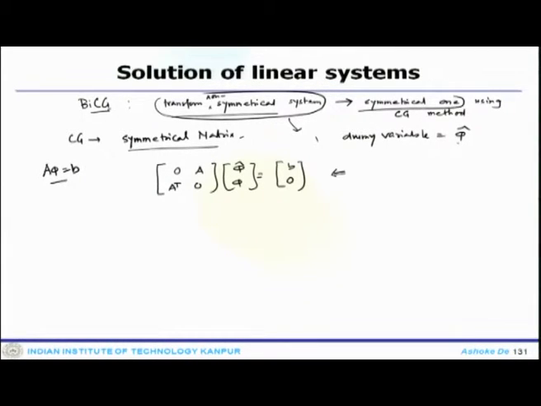Now, when you apply this kind of transformation, the actual CG process results in two sequences of CG-like vectors, vector 1 and vector 2.